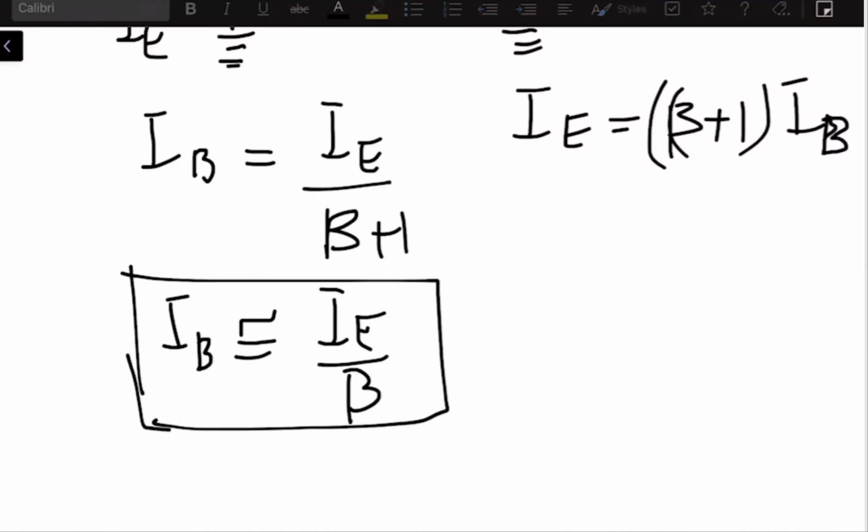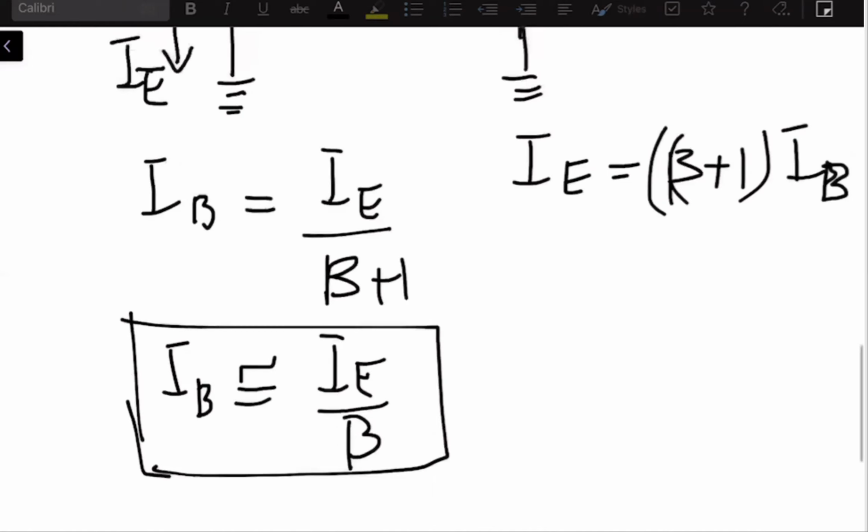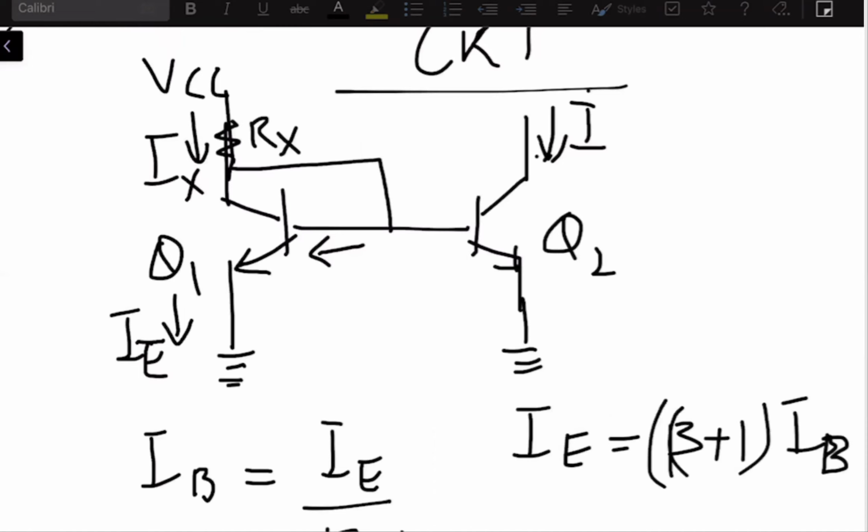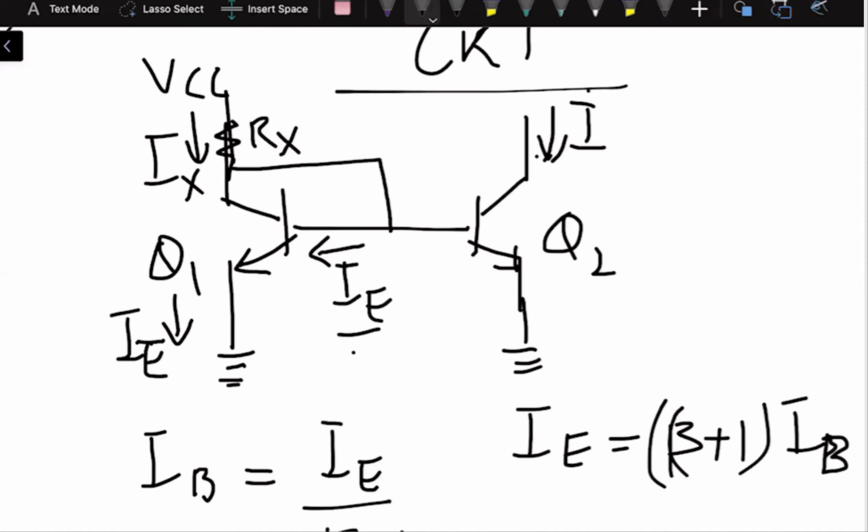Now in the circuit, instead of IB we can write over here IE divided by beta, right? Now in Q2 the current flowing over here is also IB, because Q1 and Q2 are both identical.